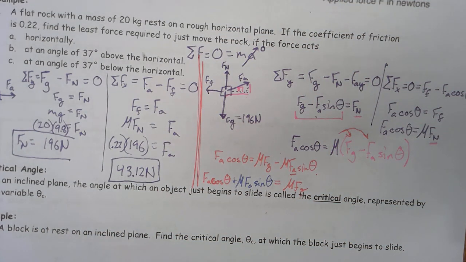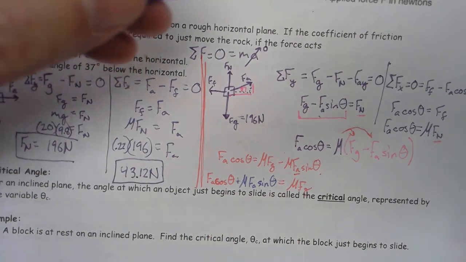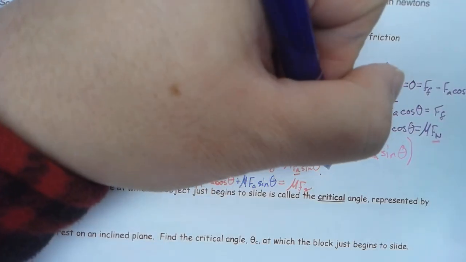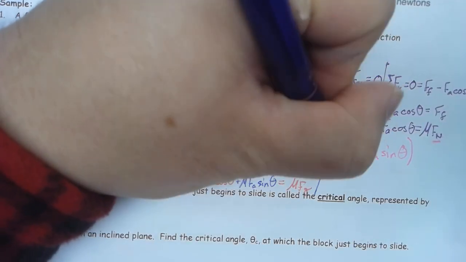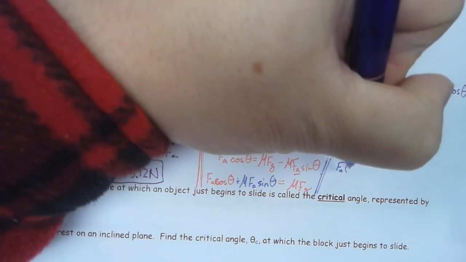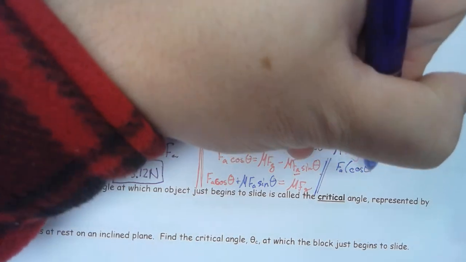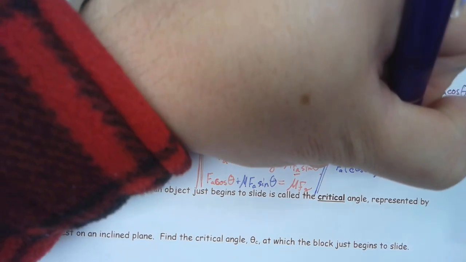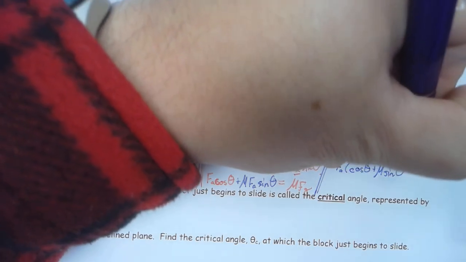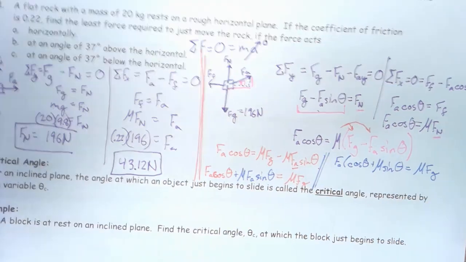How do I get Fa by itself? It's on two parts of this now. Factor it out. So I'm going to say Fa, and then open up a parentheses and say cosine theta plus mu sine theta equals mu Fg.